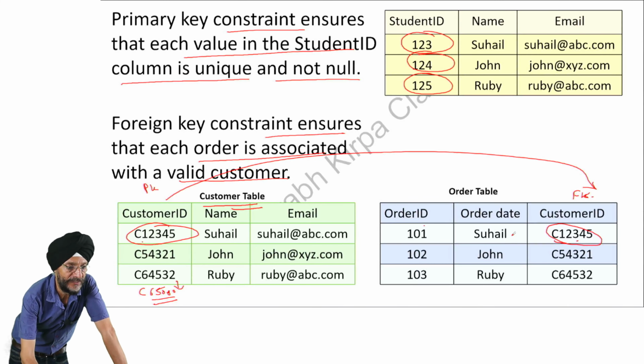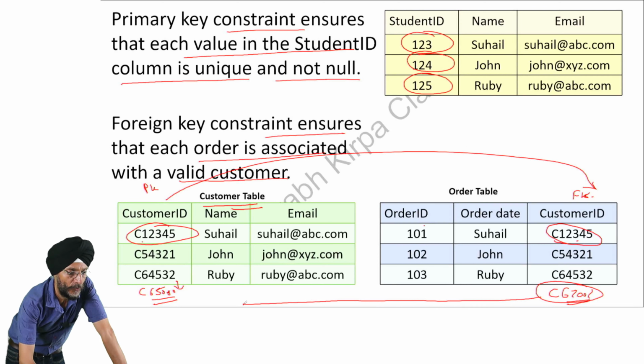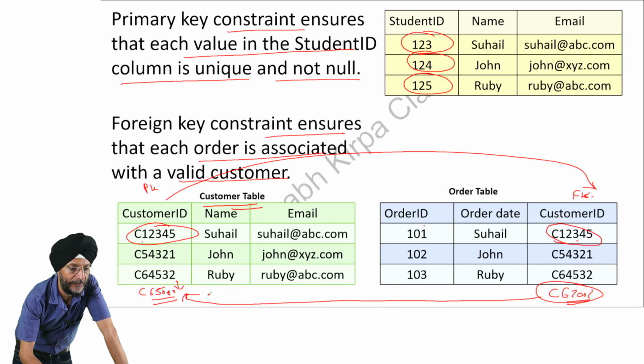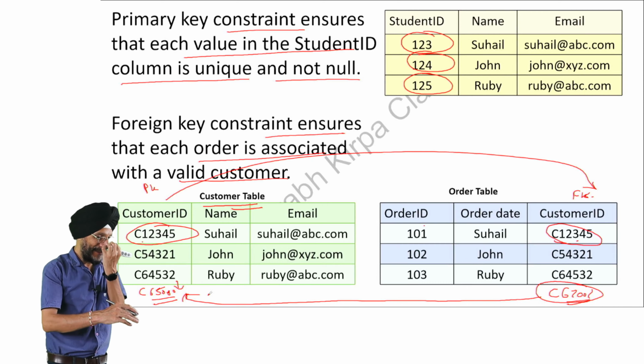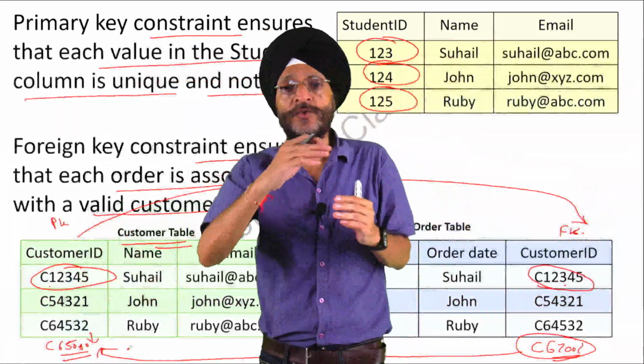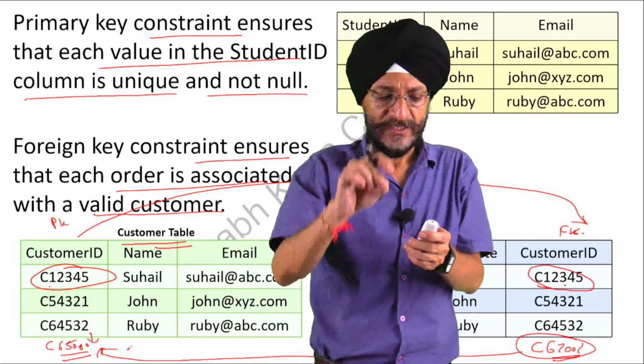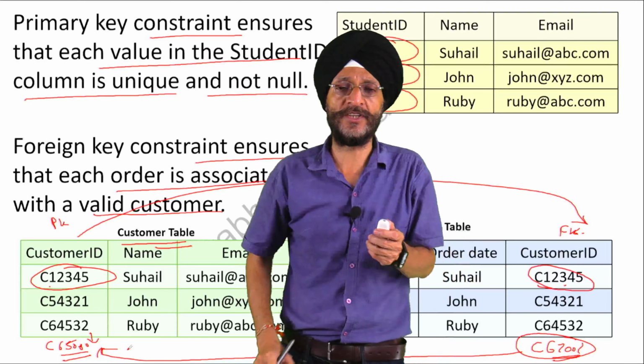If while placing an order, the employee of the organization mentions the customer ID, say as C67,001, the system will not allow it because no record of the same will exist in the customer table. That is, no such record will be available in the original customer table. So the system will not allow such type of invalid data to be entered in the system. This is the foreign key constraint.